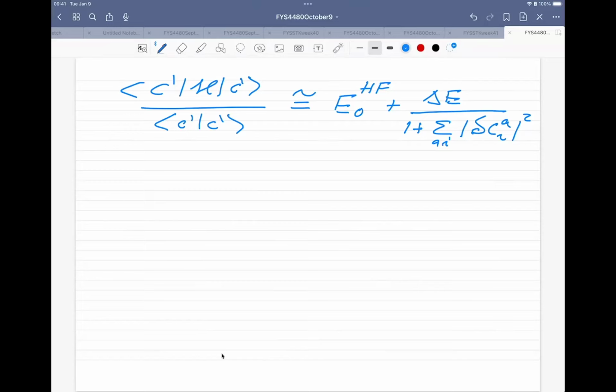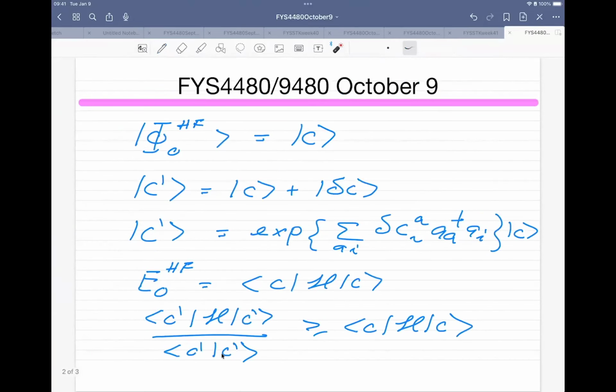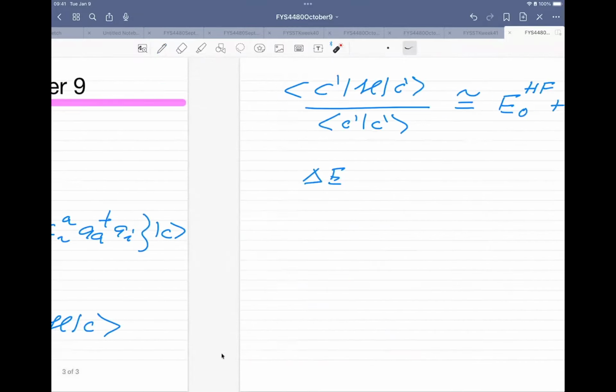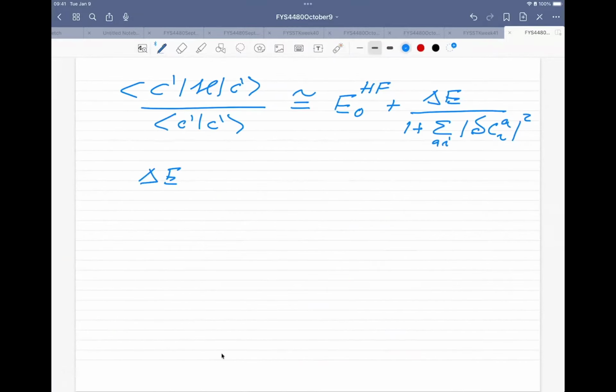So let us quickly remind ourselves about what these terms are in this delta E. One of the assumptions we have to make in order for this to be true, which is exactly what we want to prove, is that we simply have to require that this delta E should be larger or equal to 0. Because if that is the case, then that state which we have found is going to be the lowest possible energy we can get for the ground state with a given Slater determinant.